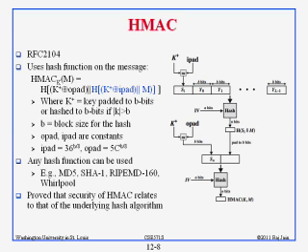Now, first of all, the question is, what do you do? Because most of the hashes require you to break the message into blocks. For example, SHA-1 might require you to do 512 bits at a time. Even though it produces 160 bits, it takes 512 bits. So that is the B bits: 512 bits, 512 bits, and so on and so forth. You break the message, and you are going to give one block at a time into this hash.